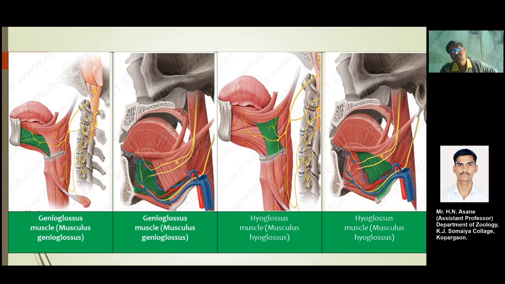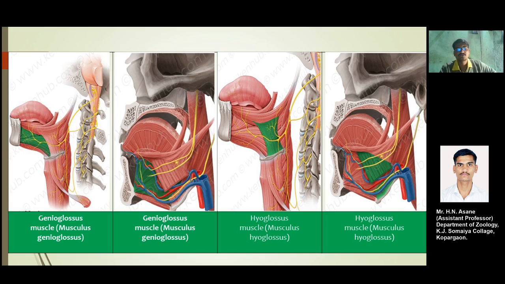In the third picture, that is the position of the hyoglossus muscles, which provide extra balance as well as movement for the tongue.